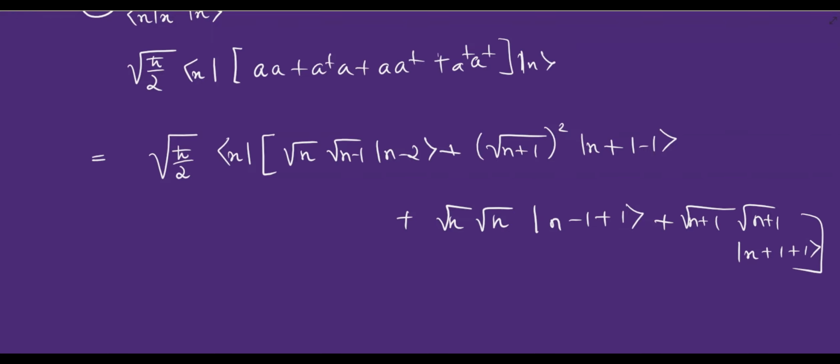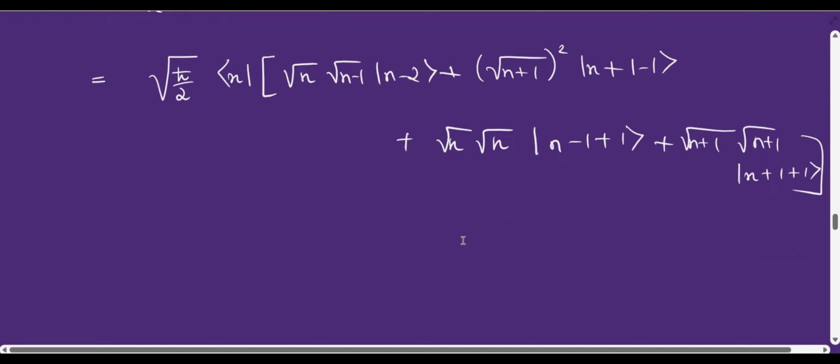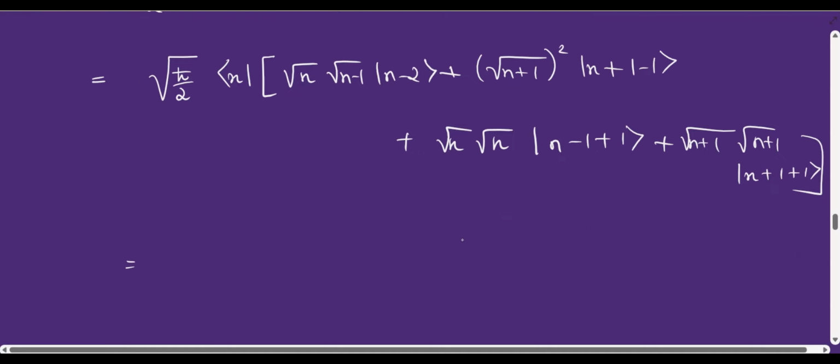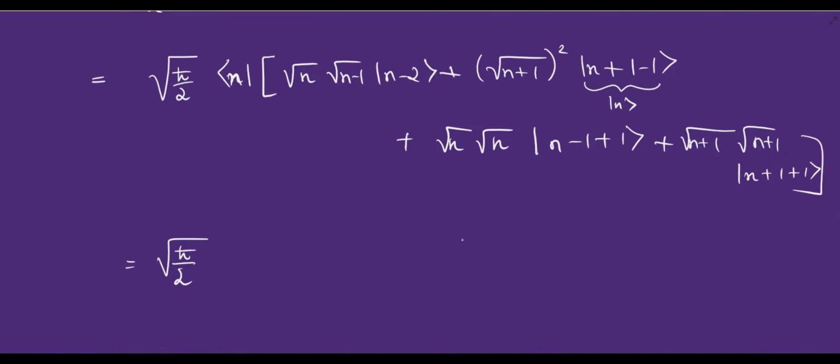I've just operated these and used the definitions of the creation and annihilation operators. And at the end of the day, using the orthogonality relations, this will be equal to n, this will be equal to n, and this will be equal to n plus 2.